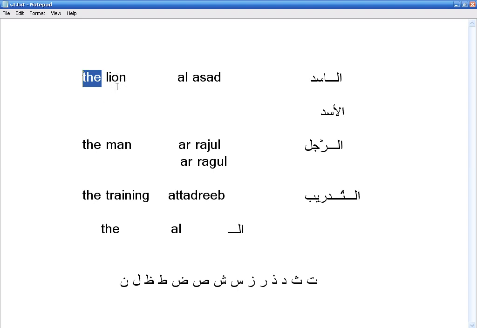And that's what we're talking about today. We're talking about determining the thing that you're talking about by putting the before it, okay. And as we said, this tool or this article means al in Arabic, and lion means asad. So the whole word is going to be read just like that: Al Asad, okay?